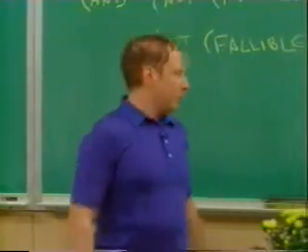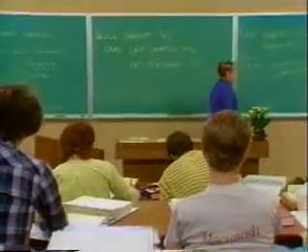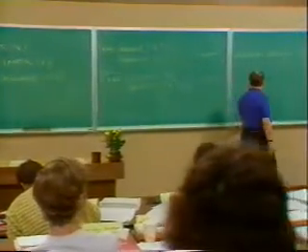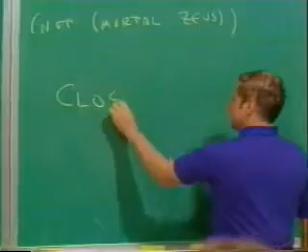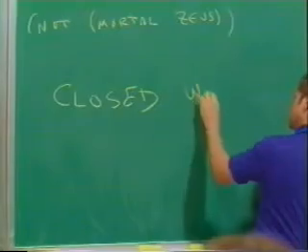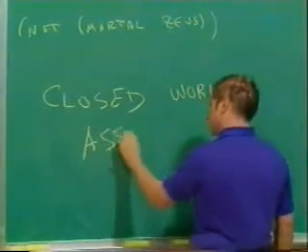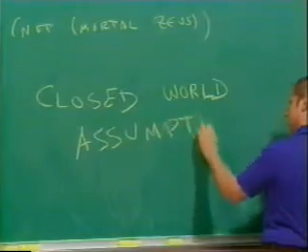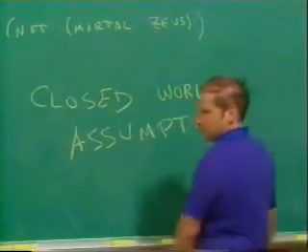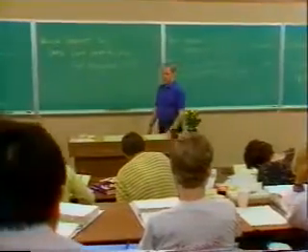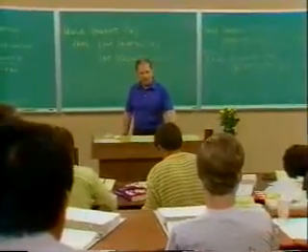And in a world where you're identifying not deducible with, in fact, not true, this is called the closed world assumption. Closed world assumption. Anything that I cannot deduce from what I know is not true.